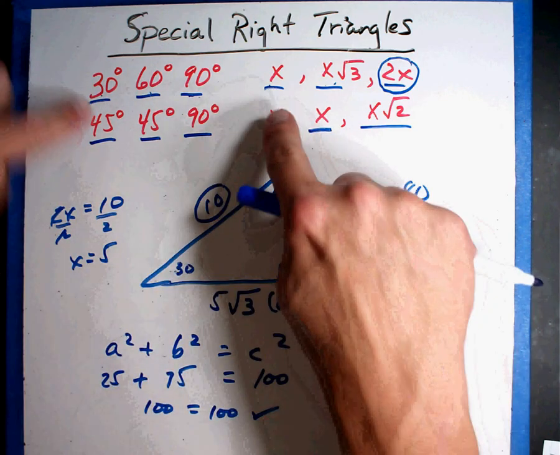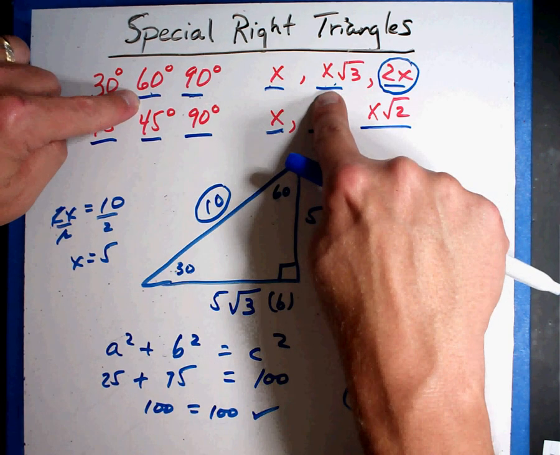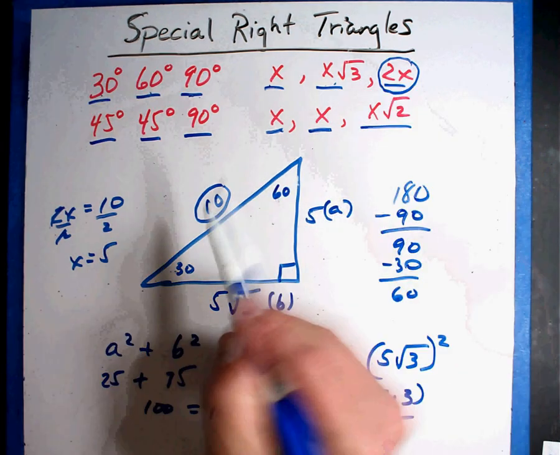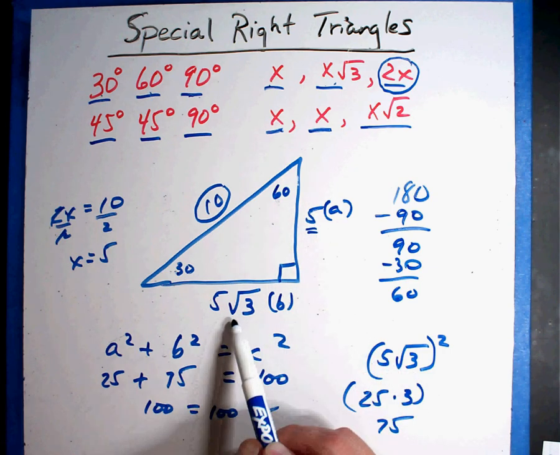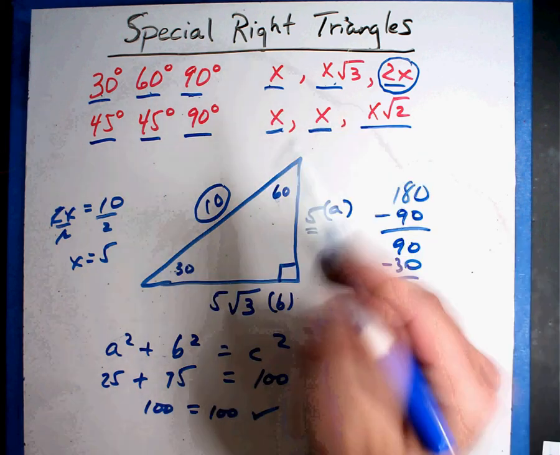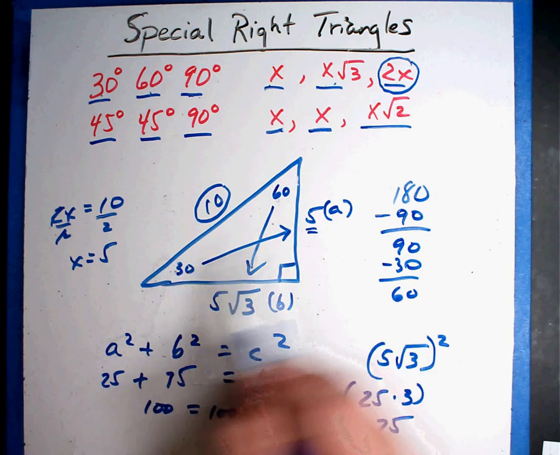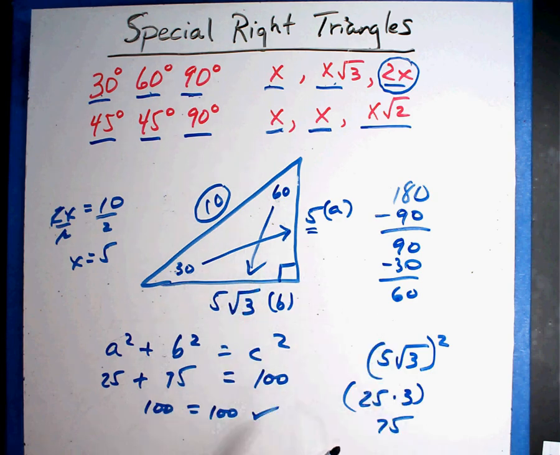So just make sure you understand, 30 is with x, 60 is with x square roots of 3, and 90 is with 2x. Since this was 2x, I knew that x was 5. If I needed this side also, the one across from the 60, that's how you do the sides.